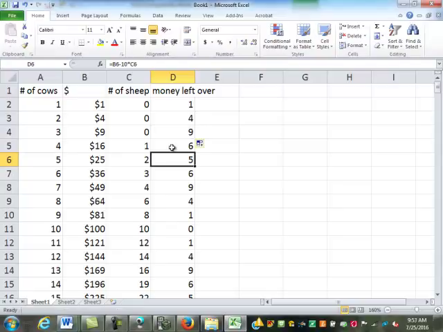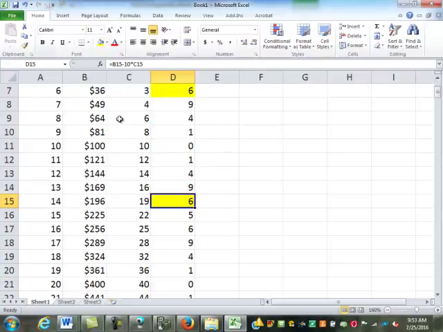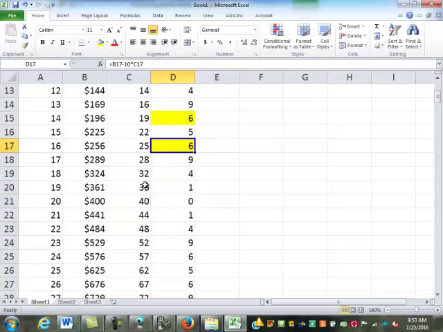We need to highlight the ones that have an odd number of sheep. So like this one would have bought 1 sheep. This would have been 3 sheep. 4, 6, 8, 10, 12, 19 sheep. There's an odd one. 25 sheep. There's an odd one. 28, 32, 36, 40, 44, 48, 52, 57. There's an odd one. 67's odd.